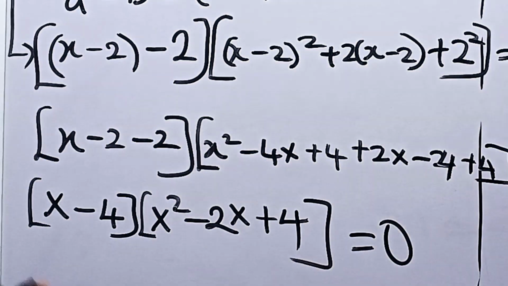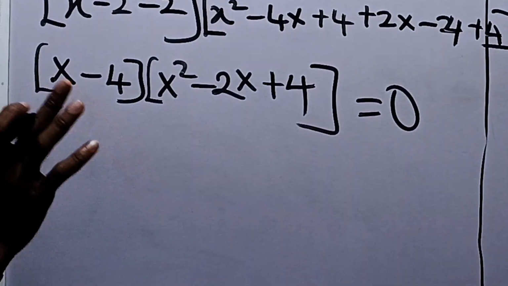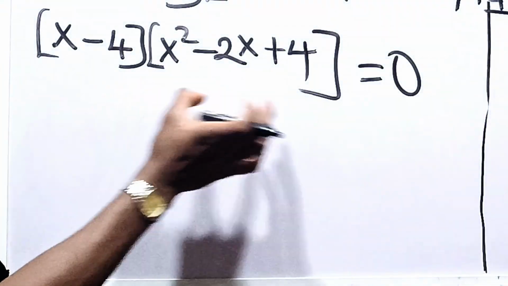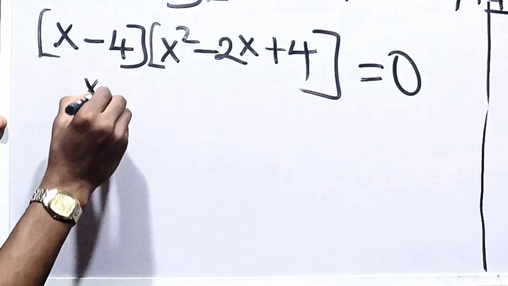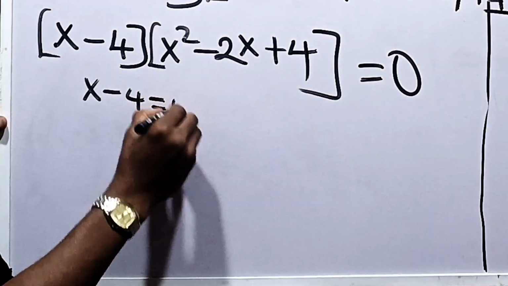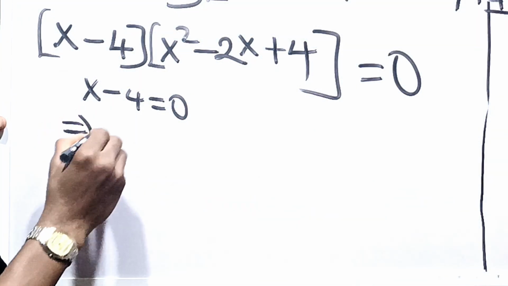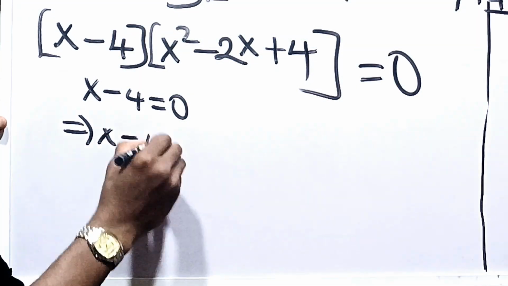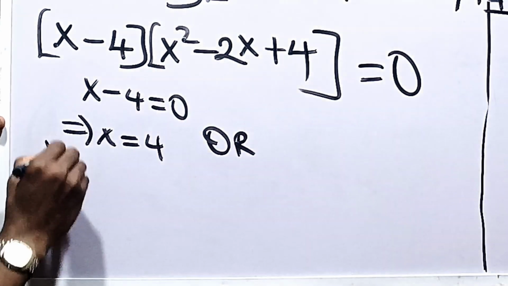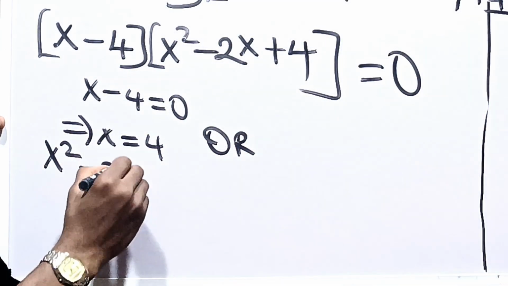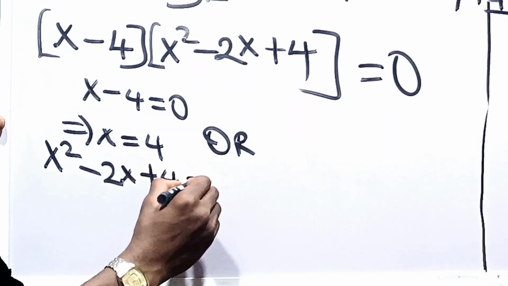Now again, the product of two is equal to 0. When the product of two is equal to 0, it's either the first one is equal to 0 or the second one is equal to 0. So it's either that x - 4 = 0, which implies that x = 4, or this big guy here, x^2 - 2x + 4 = 0.